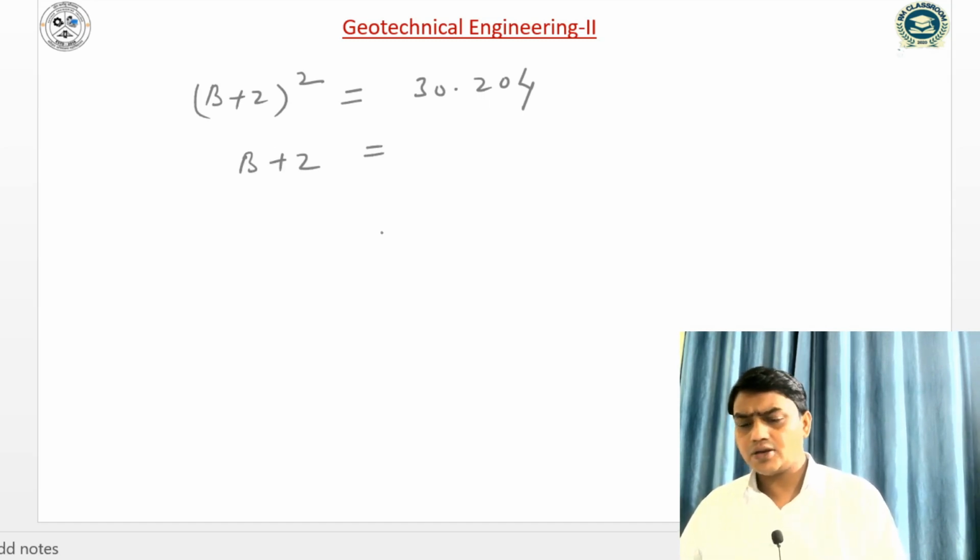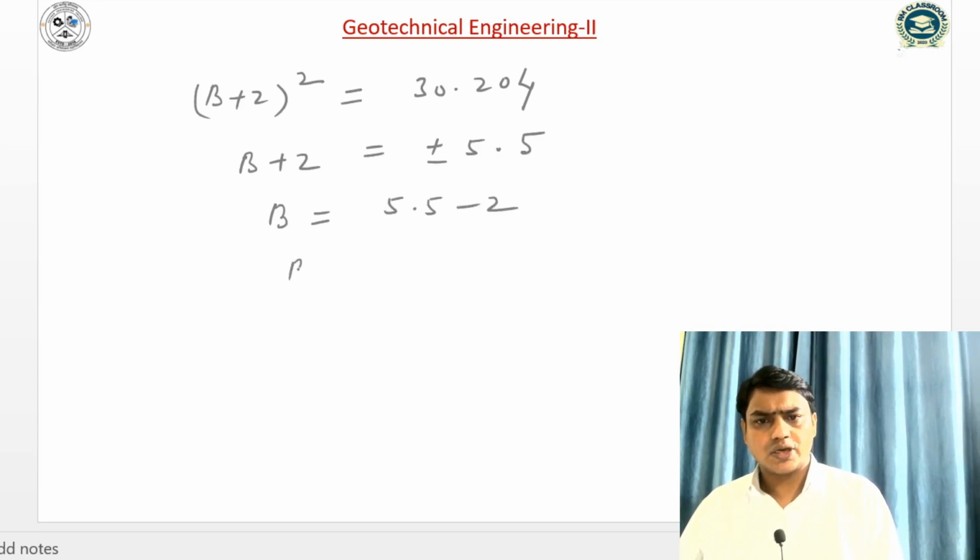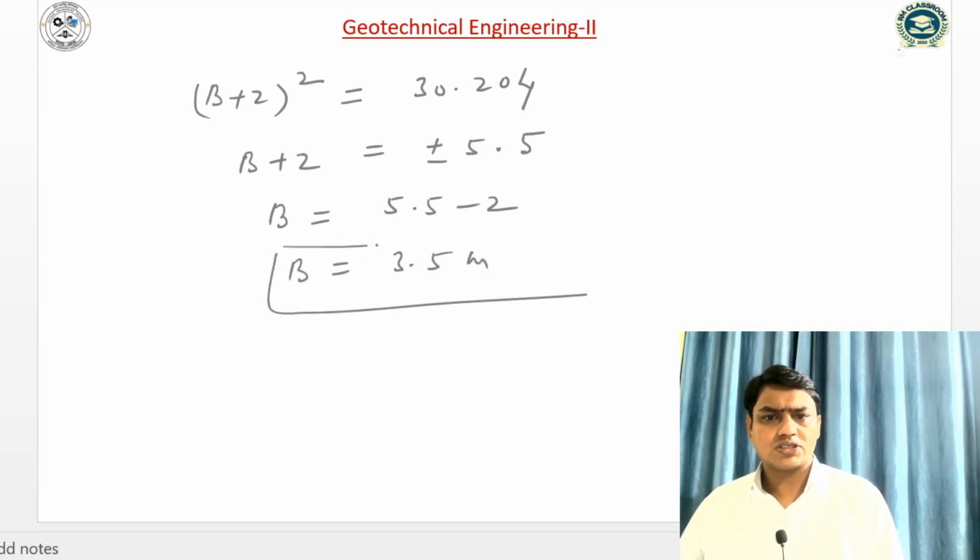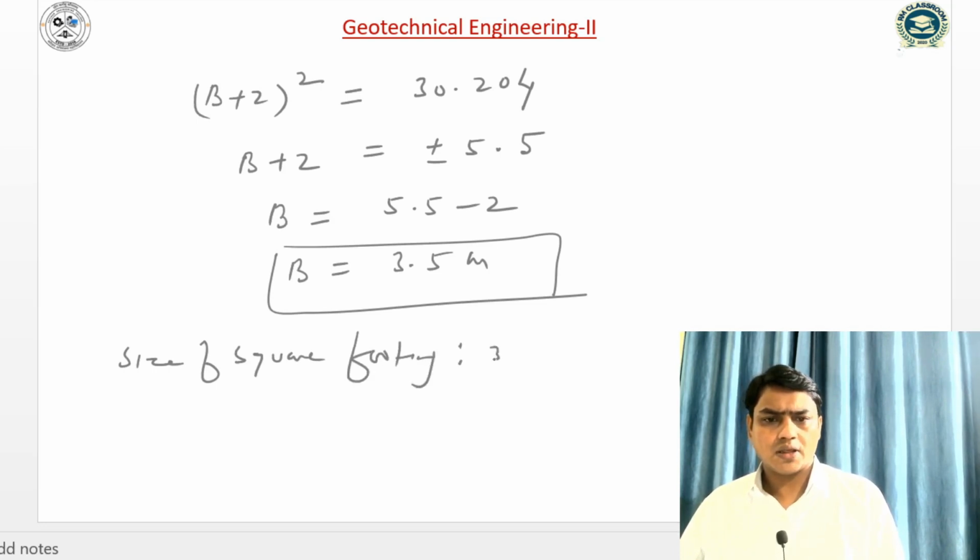So it is plus minus 5.5. The minus value is neglected because b value cannot be negative. So here b is equal to 5.5 minus 2. So here b is equal to 3.5 meter. So the size of the square footing will be 3.5 meter by 3.5 meter.